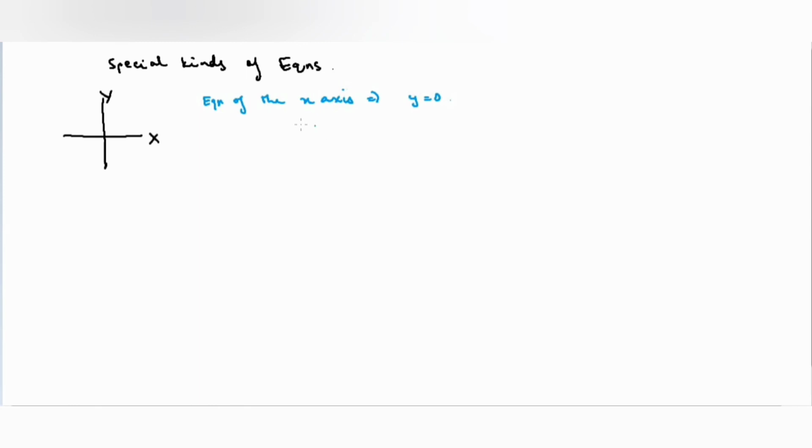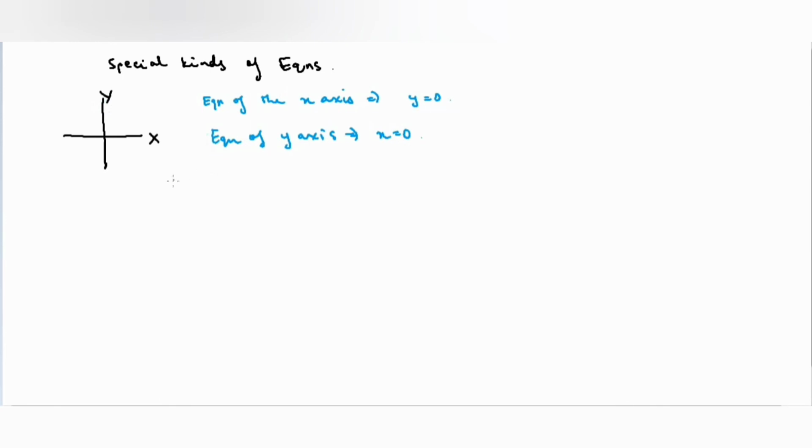Now what does this mean? This means that any point on the x-axis will have the y coordinate equal to 0. So the equation of the x-axis is y equal to 0. Similarly, the equation of the y-axis will be x equal to 0, since any point on the y-axis will have the x coordinate as 0.